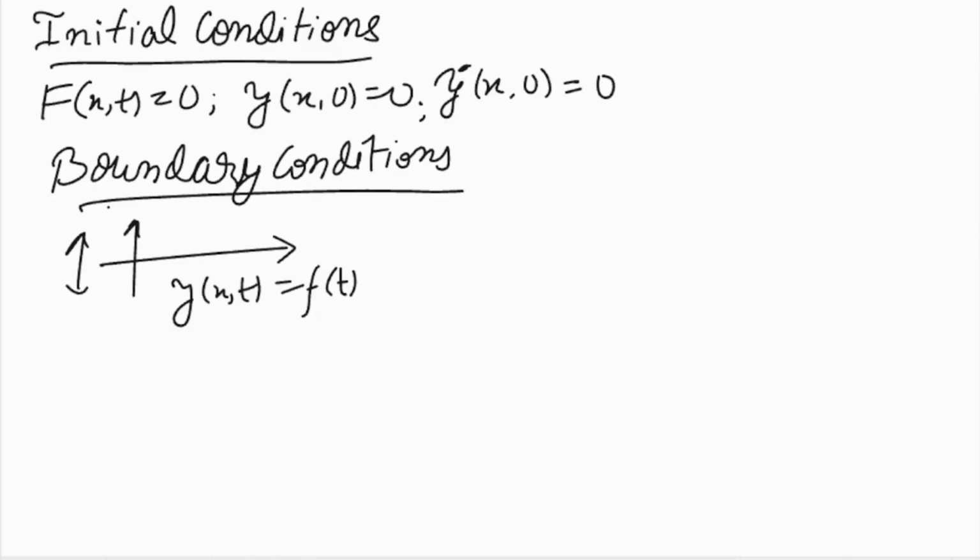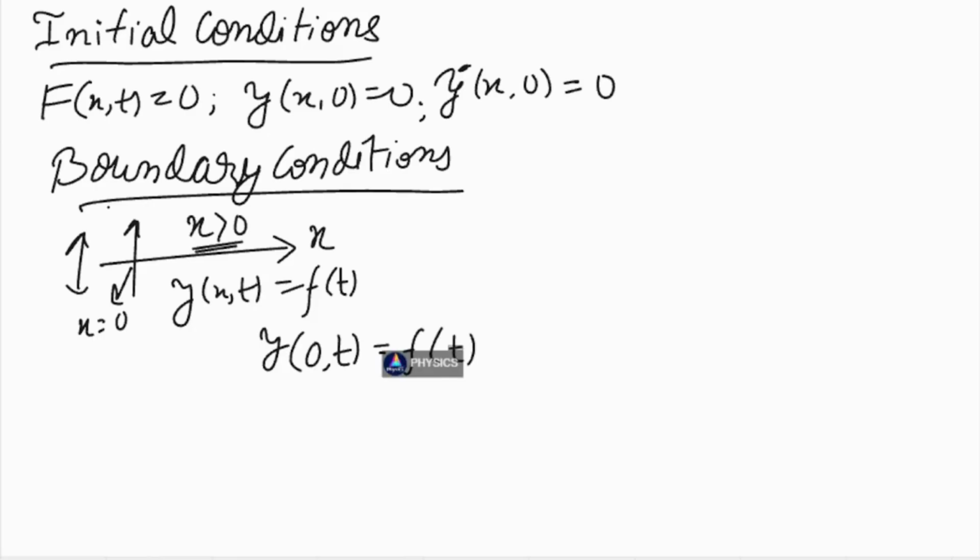And one more thing, our string length x must be greater than or equal to 0, and this is x equals 0, and at x equals infinity the string shoots up. Okay, the string is still there at infinity. And we define one more thing, that at displacement 0 at any time t our function is f of t. Okay, so this is the thing.